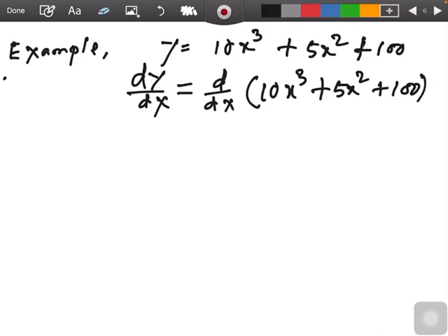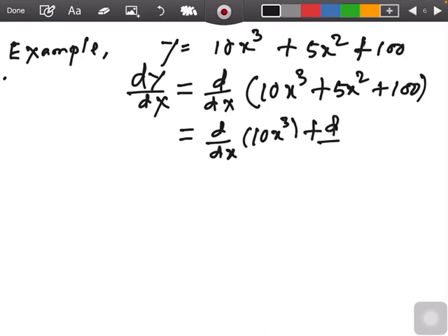Now open the bracket. d by dx of 10x cube plus d by dx of 5x square plus d by dx of 100. So individually you have to take the derivative after opening the bracket.